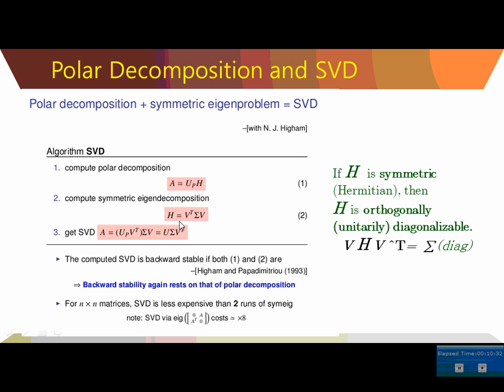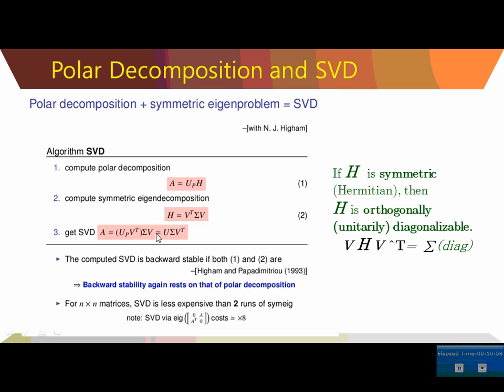Then we can substitute H with this. So A can be written as UP times V transpose sigma V. Then we define UP times V transpose as a new U, and sigma times V as it is.